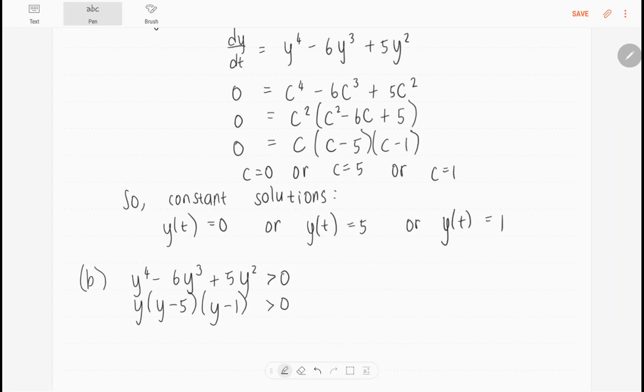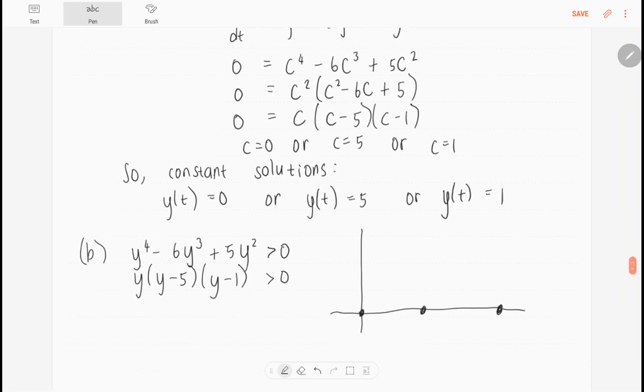So if we were to look at what this function will look like, it will look something like this. Well, we know that it's equal to 0 when y is 0, when y is 5, or when y is 1. So I'm just going to draw it like this now. Even though this is usually the x-axis, this is just to get the idea.